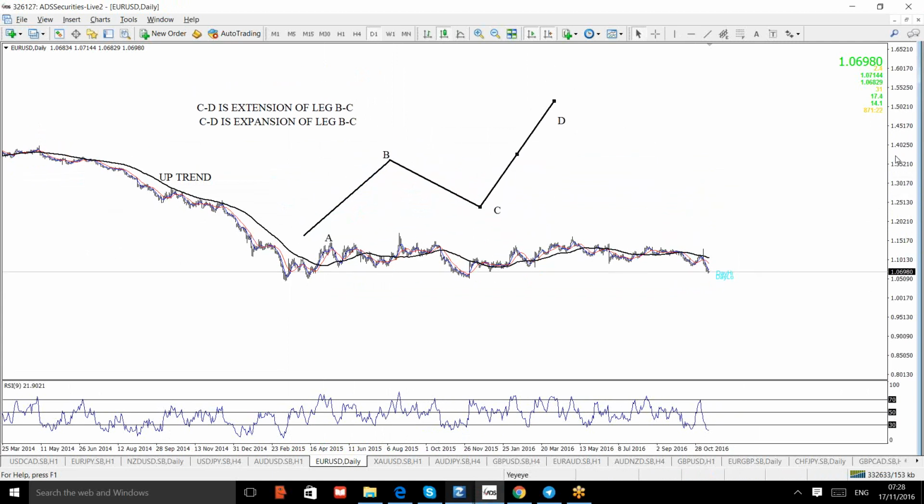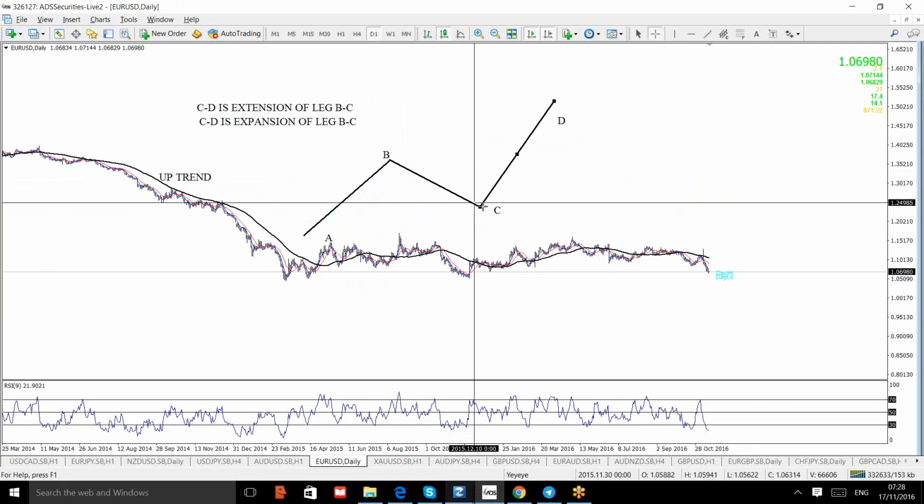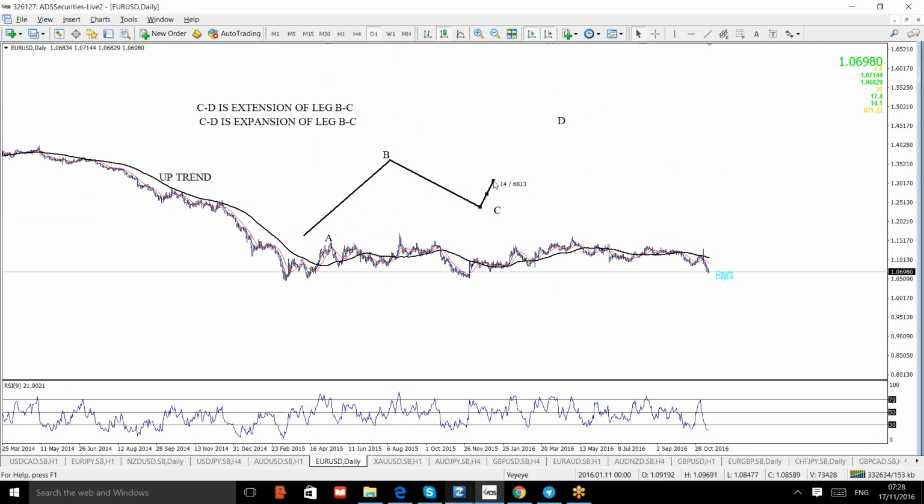Imagine the C has started moving. If we already know where D will end, the possible level that D can extend to, would it not be very easy for us to set our TP levels there and just go and chill out with our families?